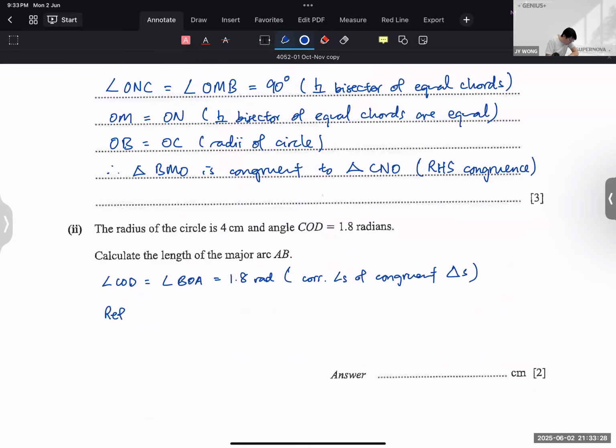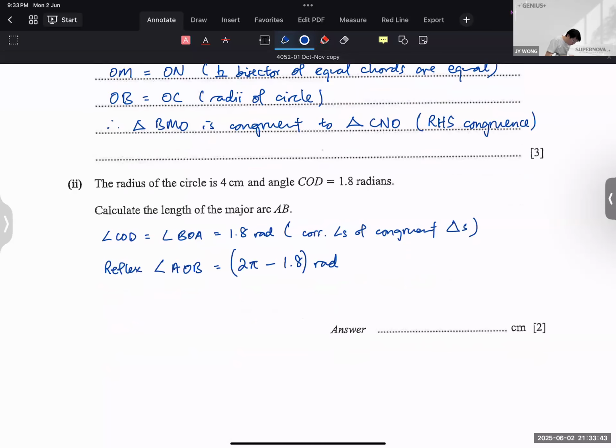So reflex angle AOB is equal to 2 pi minus 1.8 radians. I won't bother simplifying this. I will just leave this as it is. And therefore, major arc AB is equal to, what's the formula for arc length? R theta.